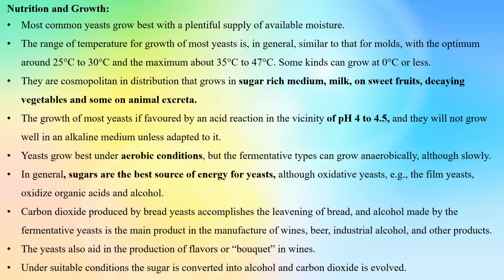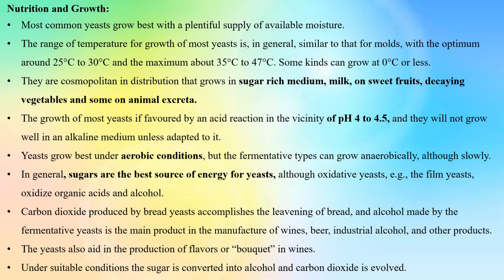So, the most important favorable nutrient is sugar, found in milk, sweet fruits, decaying vegetables, and some animal excreta.